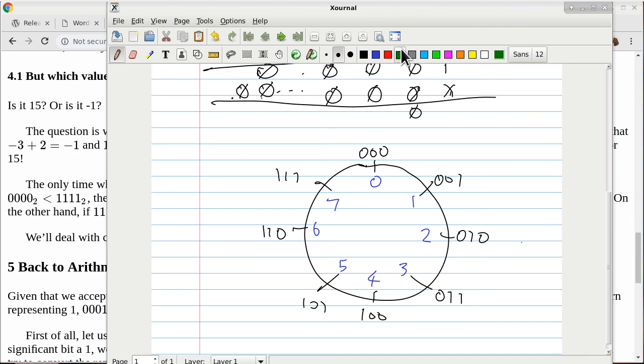Green. Okay, we can use green. So the green one is saying, but I want to interpret all of these bits as a representation of a signed value. Okay? So in that case, I will still say 0, 0, 0 is the same thing as the value 0. 0, 0, 1 is still the value of 1, 2, 3. And then I go like, wait.